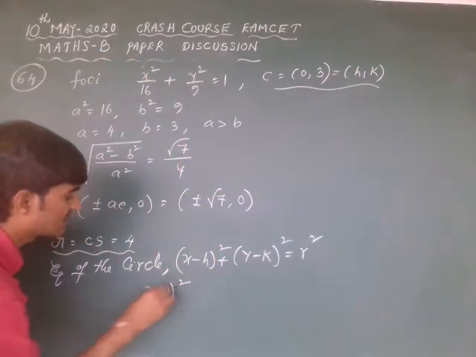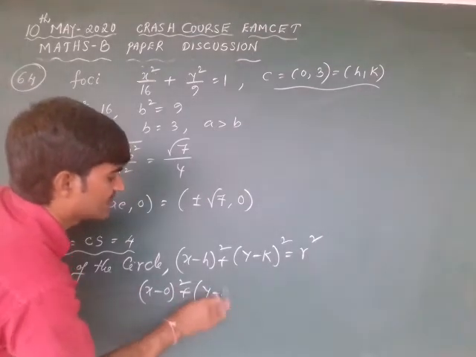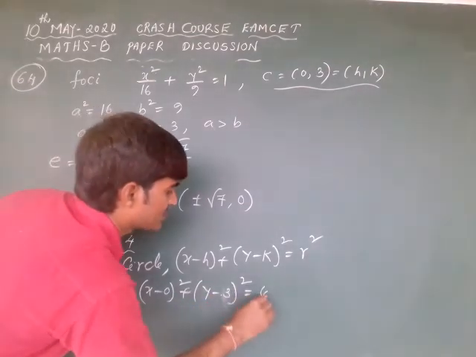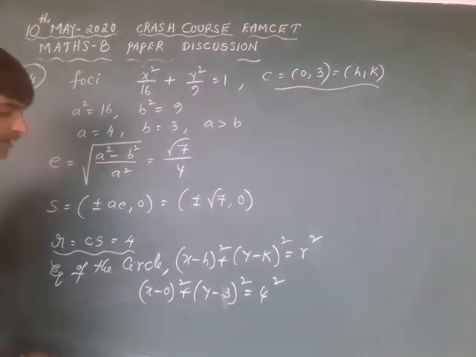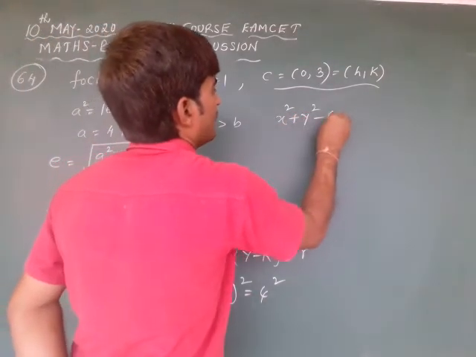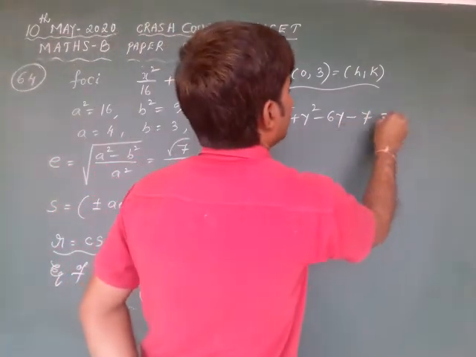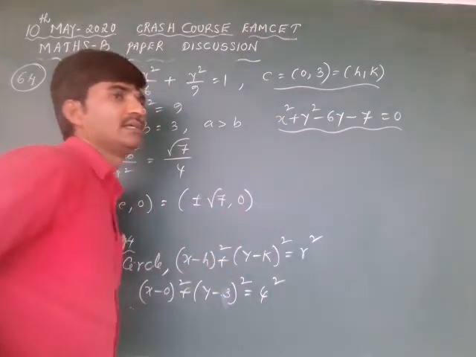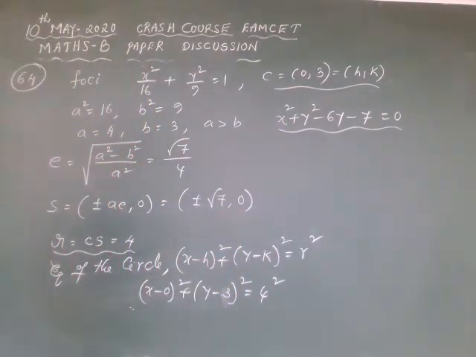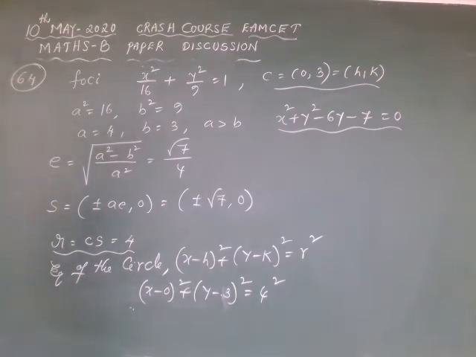Substituting the particular values, (x minus 0) whole square plus (y minus 3) whole square is equal to 4 square. On simplifying, it comes to x square plus y square minus 6y plus 9 minus 16, which is minus 7, is equal to 0. This is the required equation of the circle with center (0, 3) and radius r equal to 4 units.